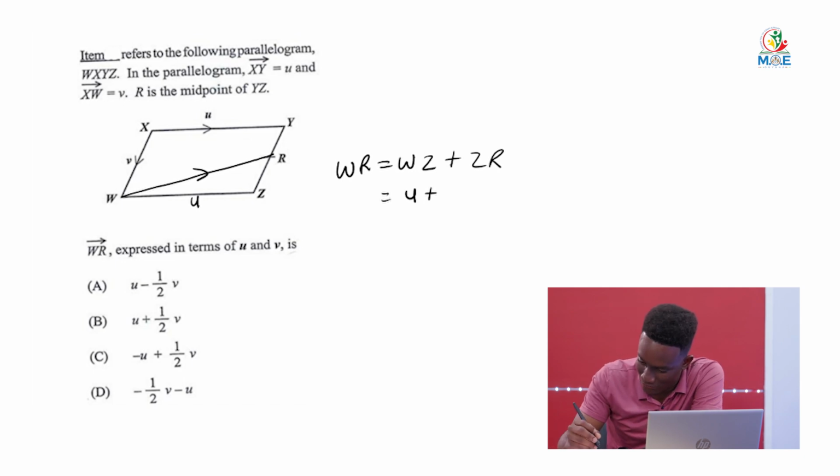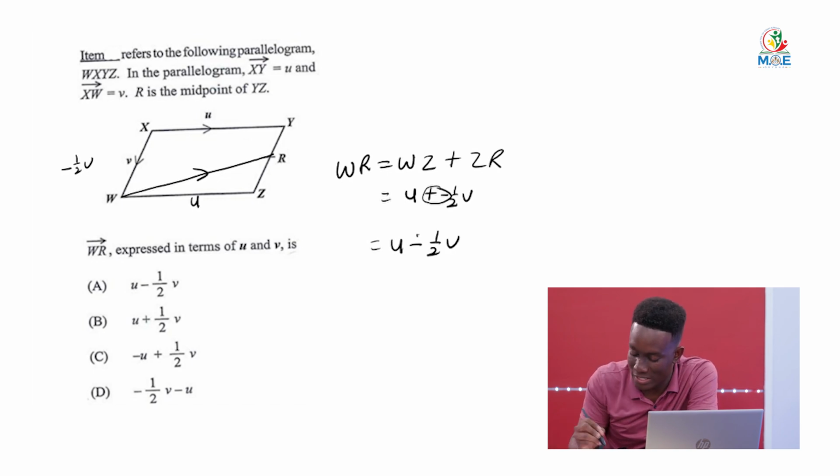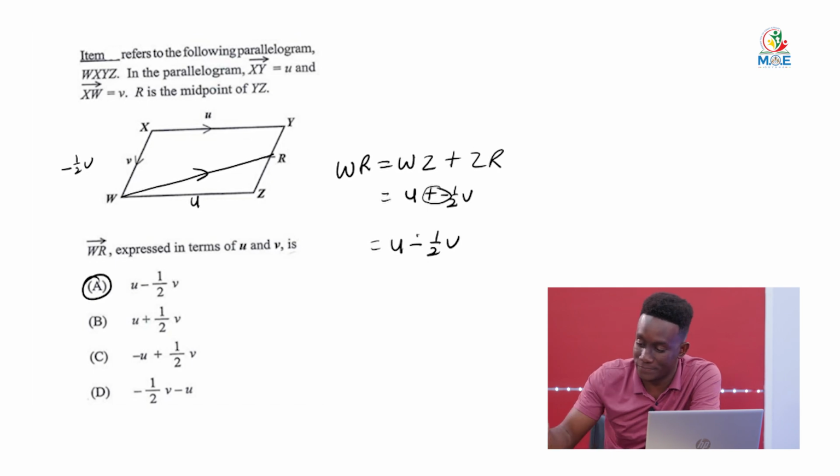So we know that would be half of WX. So we know WX would be negative V. So half of a negative V would give us that. So plus negative half V. So this would be U minus half V. So U minus half V, that would be A as the answer.